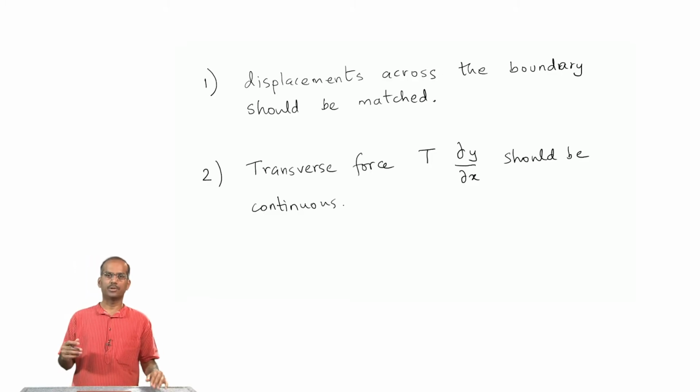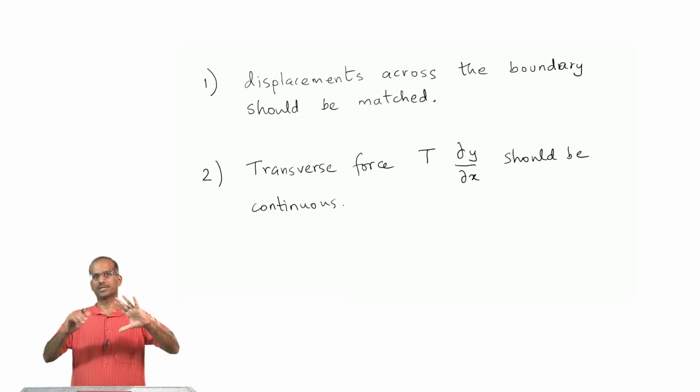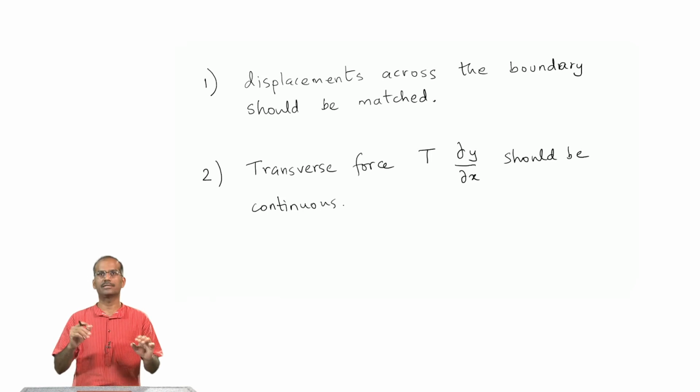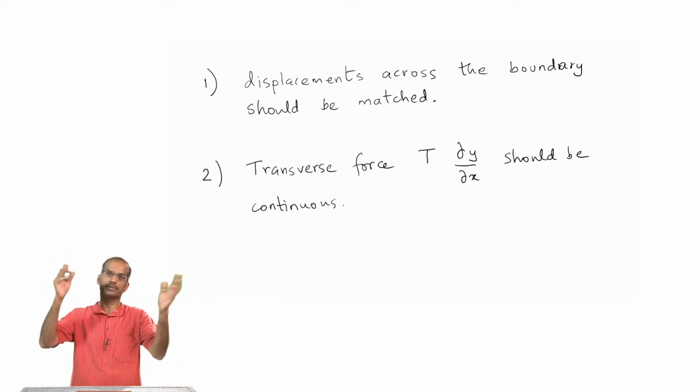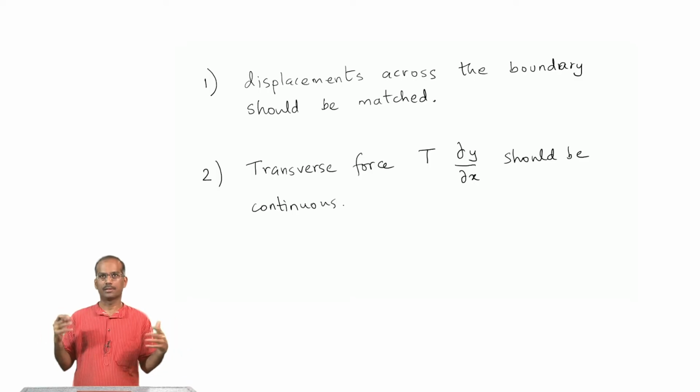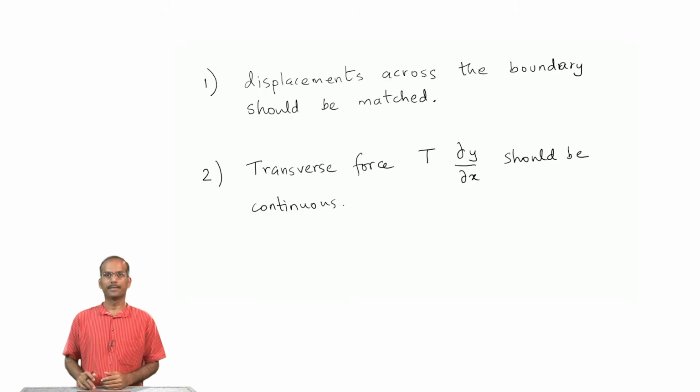You can't have a very large displacement on one side and just a little bit on the other side. That is untenable. Such a thing cannot happen unless you have some external forces acting on it to do such things. We do not have any such possibilities in this problem. So, the displacements will have to be continuous across the boundary.